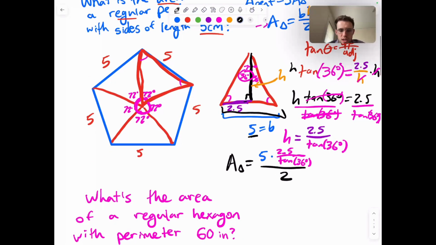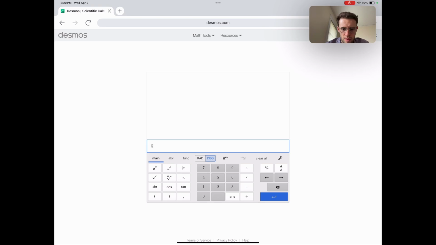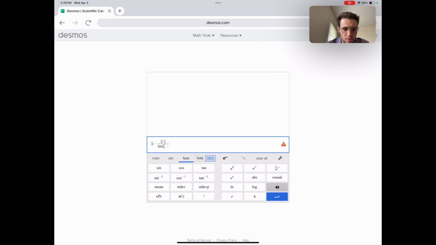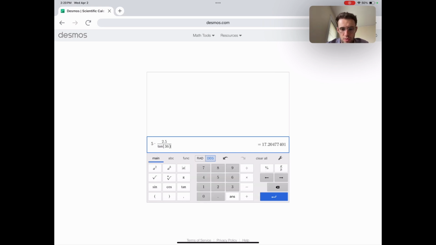So the area of the pentagon would be equal to 5 times the area of the triangle. So if I open up Desmos here, I'll have 5 times 2.5 divided by tangent of 36 degrees, make sure it's in degree mode, and divide that all by 2, which gives me 8.602387, and I'd have to multiply that by 5 because that would be my area of the triangle.